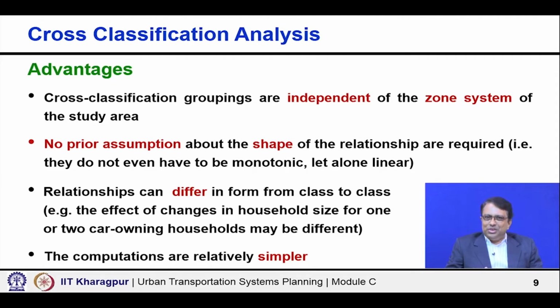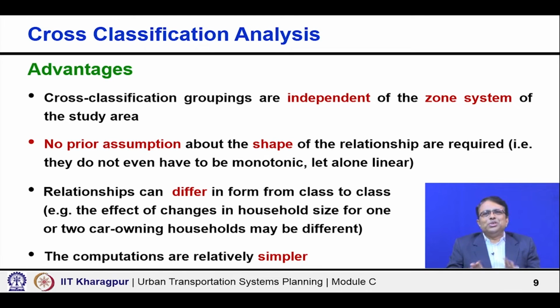So, these are advantages, but then higher resources are required for model development: more expensive data collection, model calibration, application. So, those are the implications. So, always for the regression based model, the zone size and zone system at the back end somewhere is influencing, but these cross classification groupings are independent of the zone system in the study area.